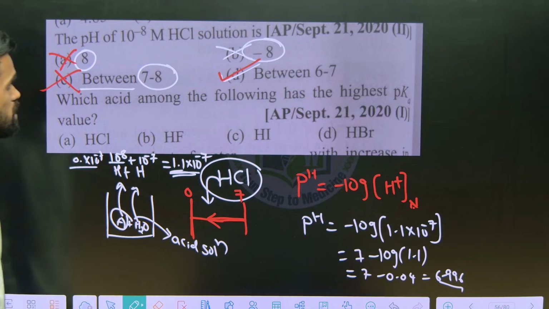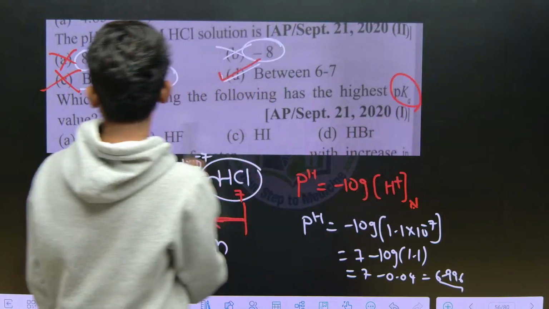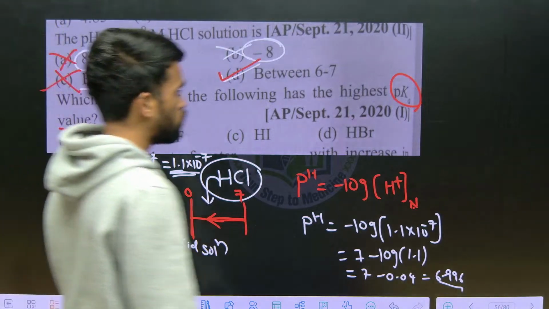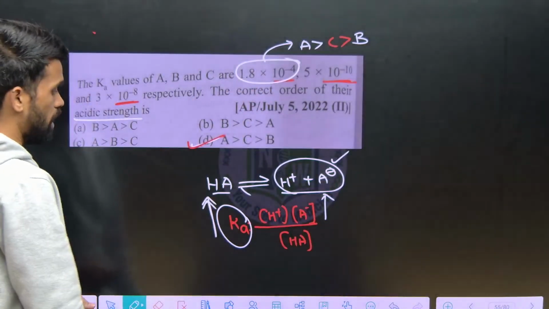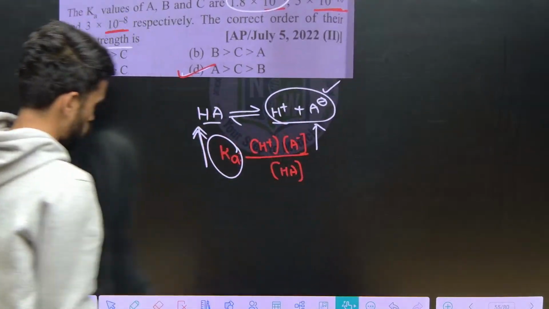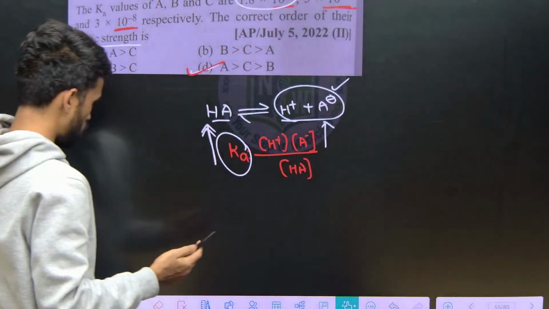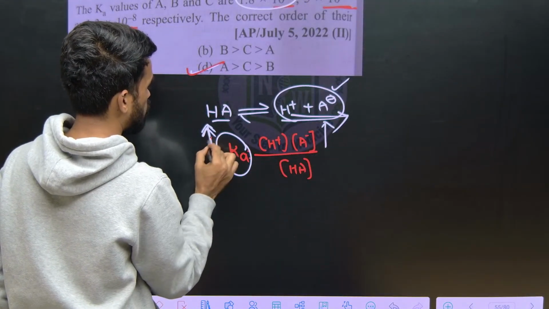Next, which of the following has the highest pKa value? So simple. In the last question I told you that if the acid dissociation is more, if it is more acidic, its Ka, the acid dissociation value, will be more.